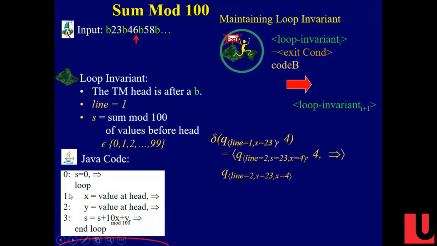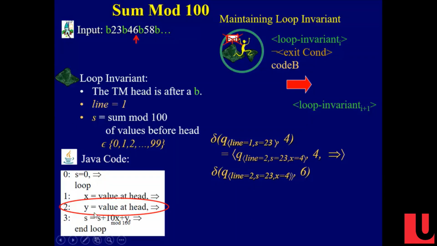Now the head moved, so I'm in line 2. I have the value 23 in S. It's not written there anymore. And then I have X equals 4. And I'm reading a 6. So what do I do? What is my delta function going to do for me?